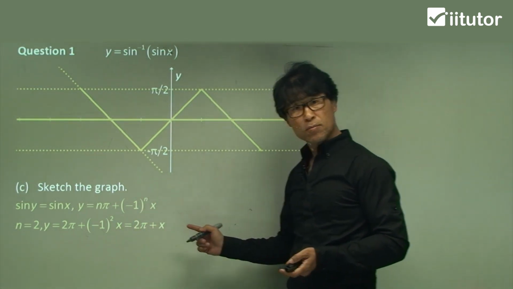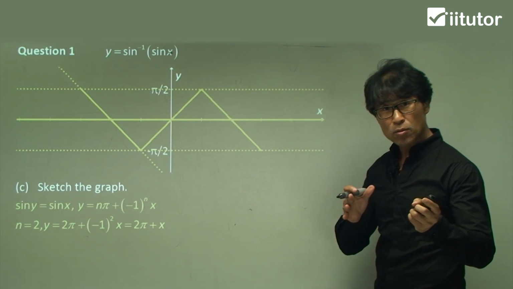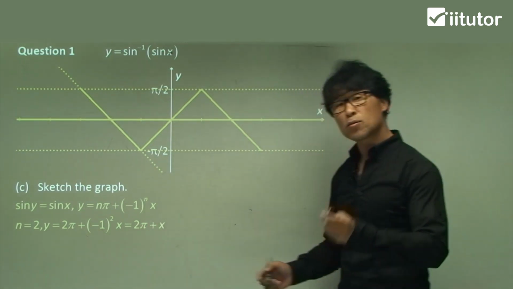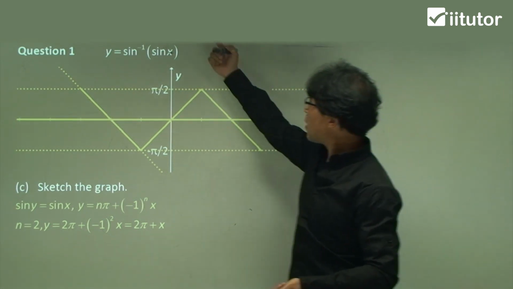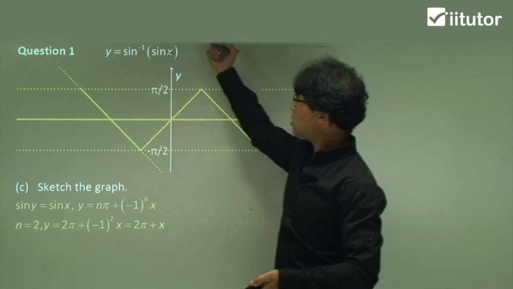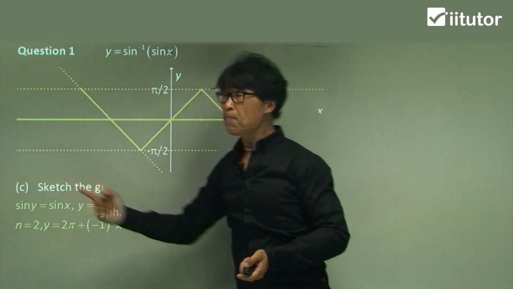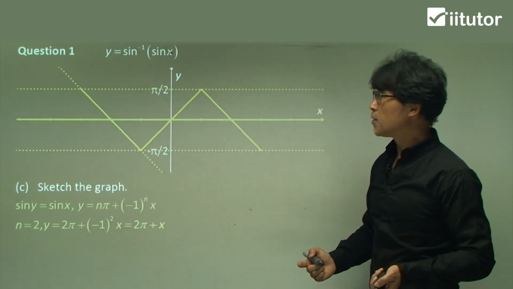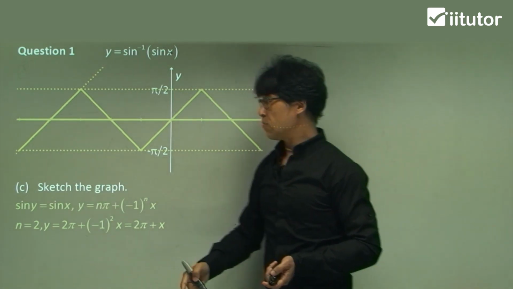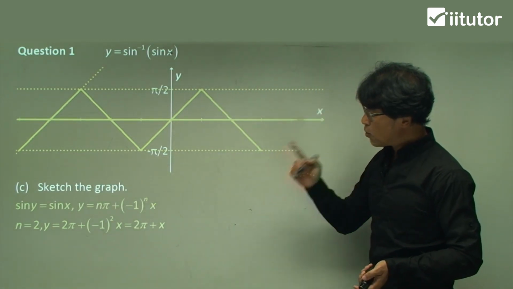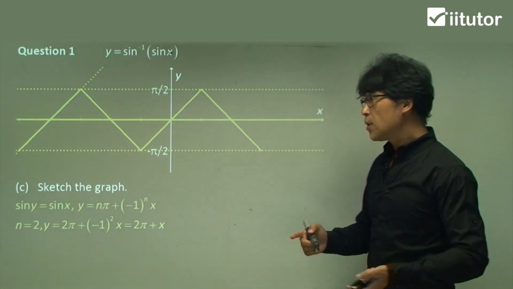So you can sketch this one. Can you sketch that? So 2 pi is the y-intercept, way above there. And then it is a positive x, which is a positive gradient over there. So try like this one. Again, they are not part of the graph. So that's when n equals 2.